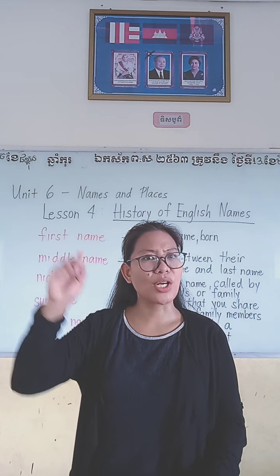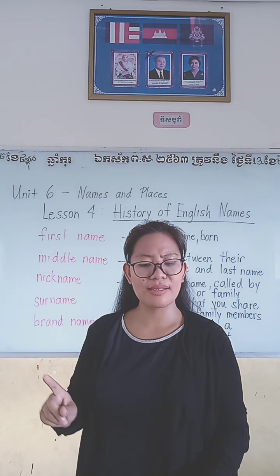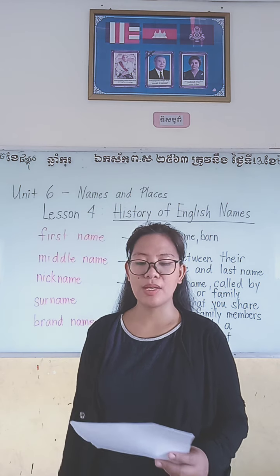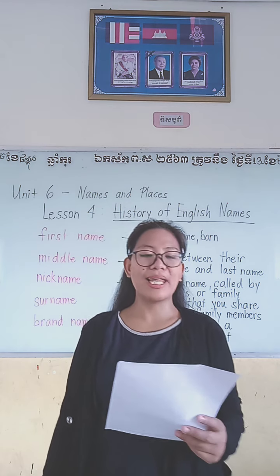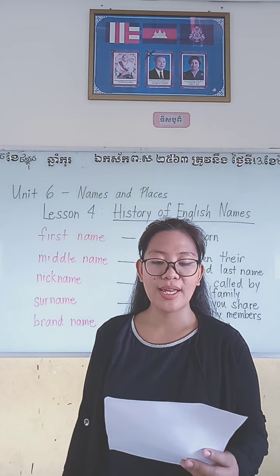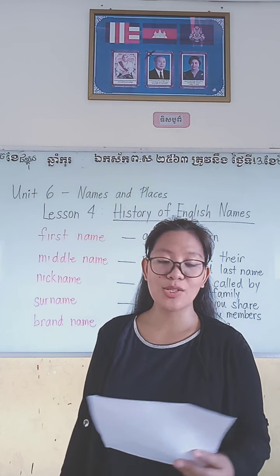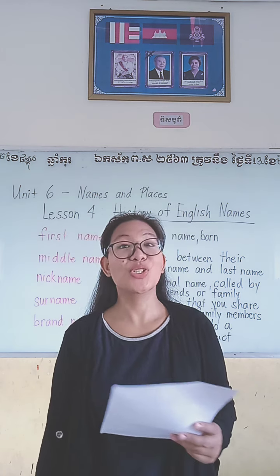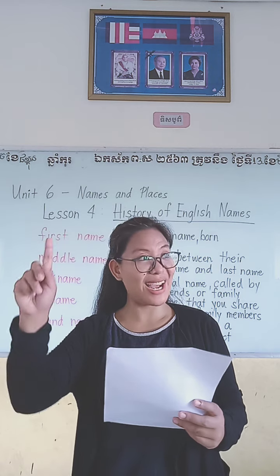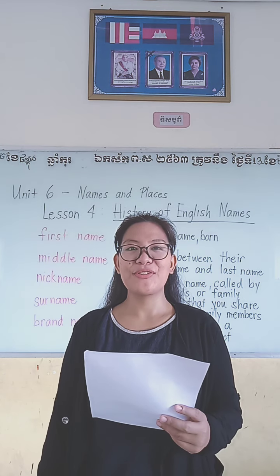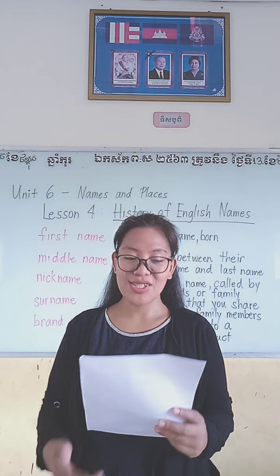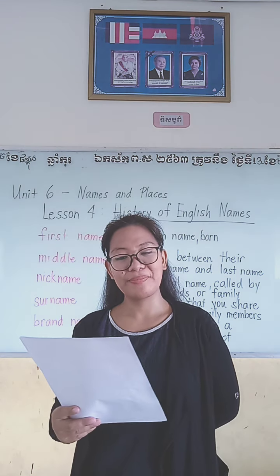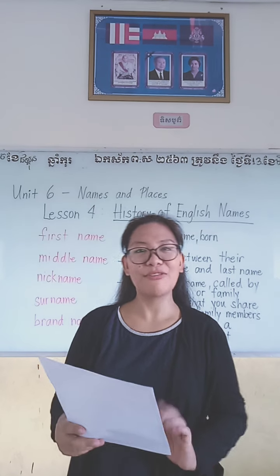Again, for Cambodian names, the order is last name and first name. For example, if my last name is Soth and my first name is Sopip, my full name will be written as Soth Sopip. Last name, Soth. And then first name, Sopip. Okay? This is the information that I've got.